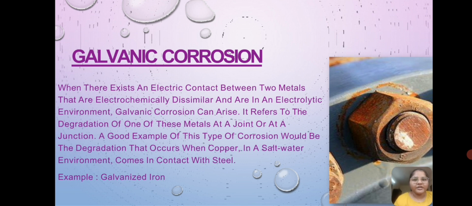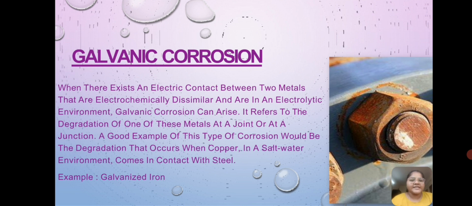Galvanic corrosion. When there exists an electric contact between two metals that are electrochemically dissimilar and are in an electrolytic environment, galvanic corrosion can arise. It refers to the degradation of one of these metals at a joint or at a junction.